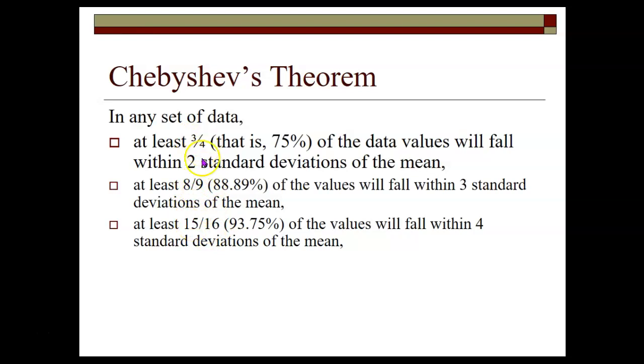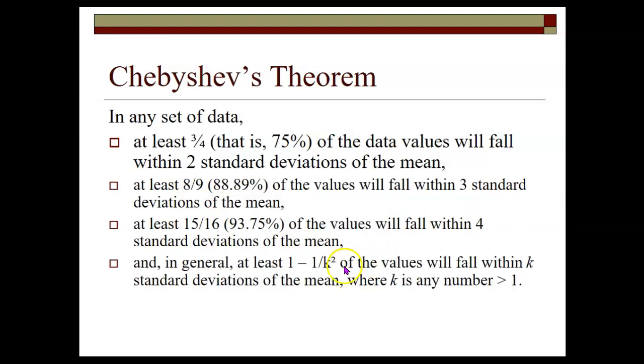So like 2 squared is 4, 3 squared is 9, 4 squared is 16. So that tells you how many standard deviations we're talking about. At least 1 minus 1 over k squared of the values in any set of data at all. At least that many of them, usually more, but at least that many of them will fall within k standard deviations of the mean.